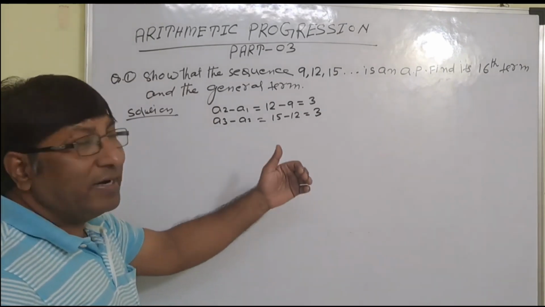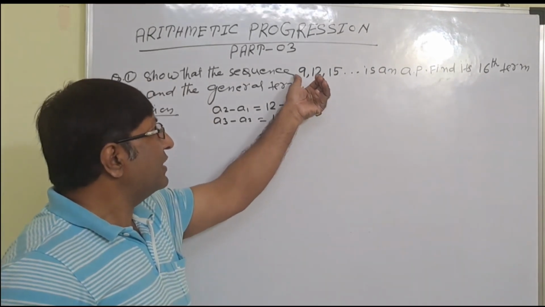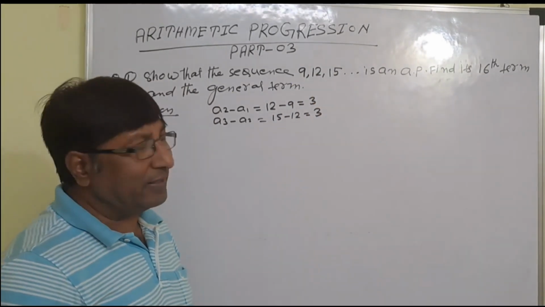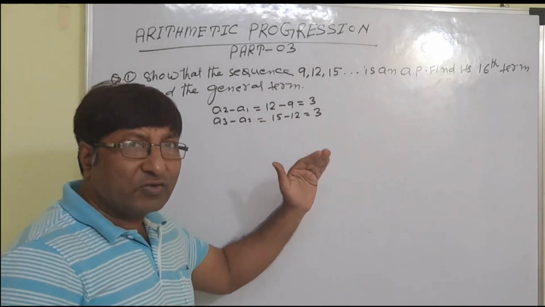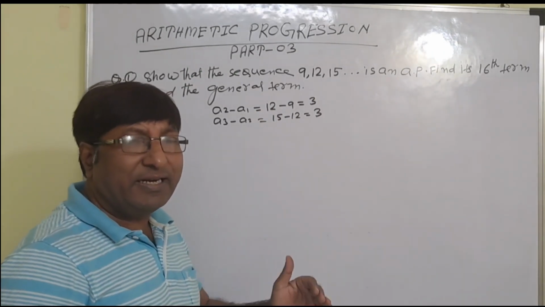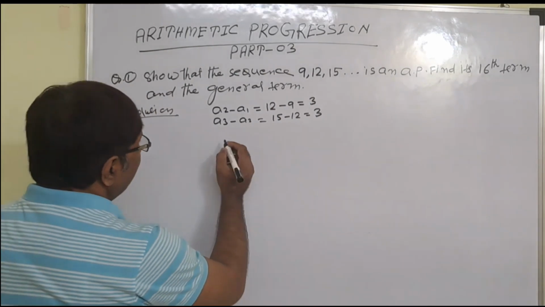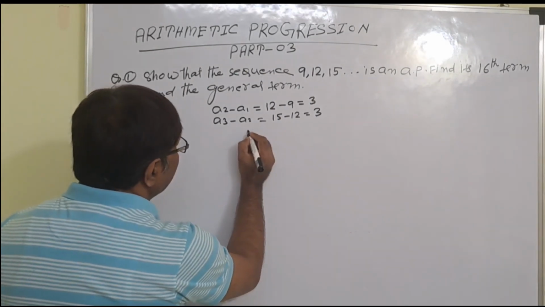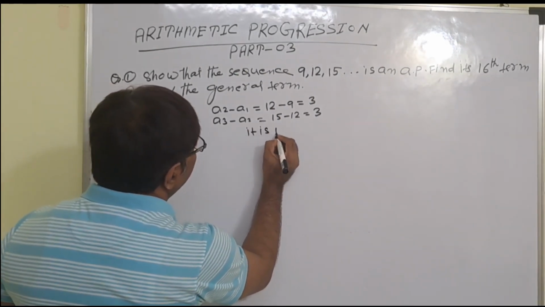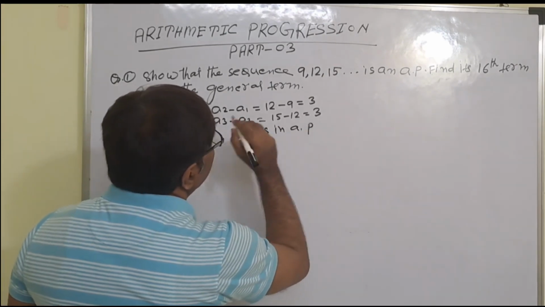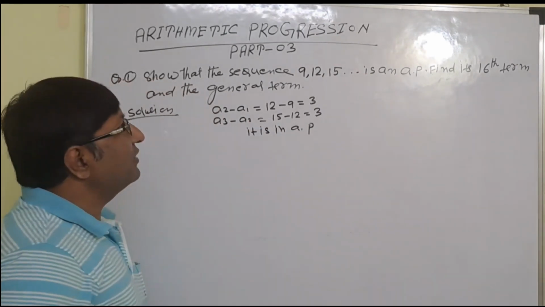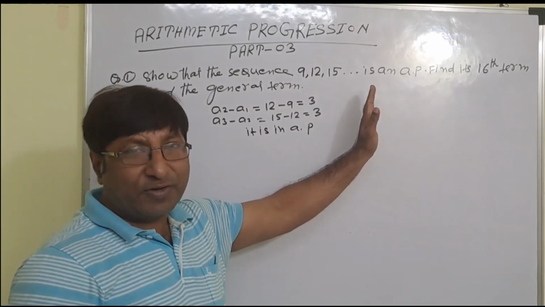So the common difference here is the same. If the common difference of the sequence is the same, then it is an AP. So we have proved the first part: yes, the sequence is an AP.